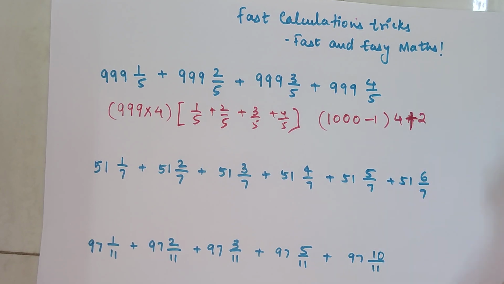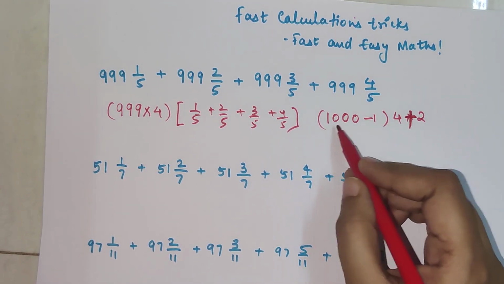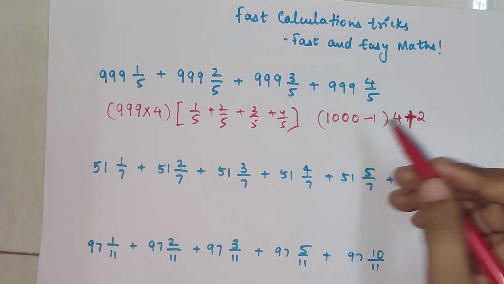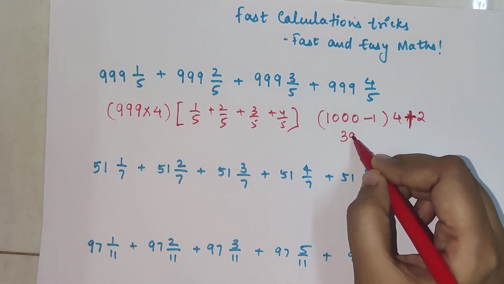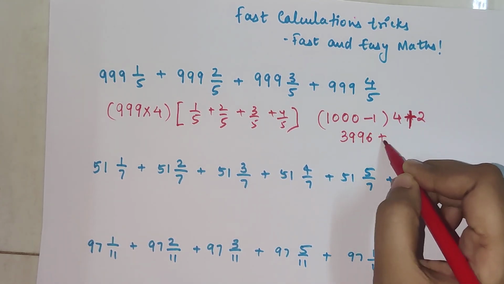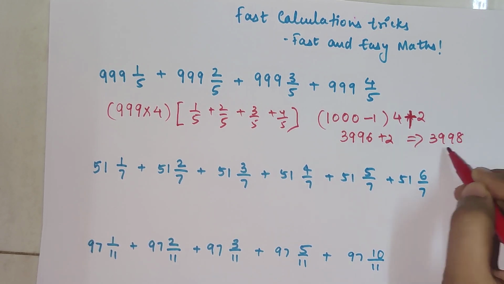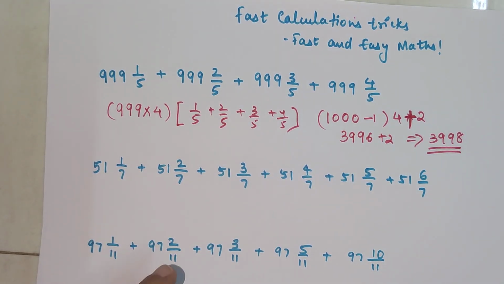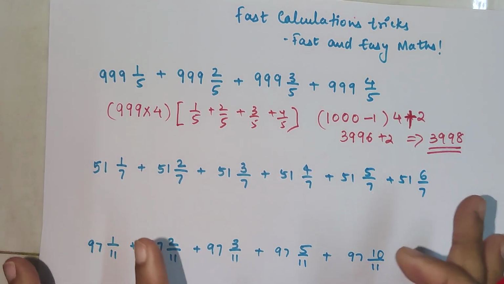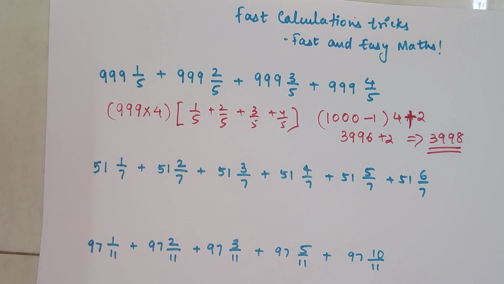So this will be plus. Okay, so 4000 minus 4 is going to get you 3996 plus 2. Your final answer will be 3998. So you saw how easy this entire calculation became. This looked only so scary, but trust me, it was the most easiest one you could have thought of, right?